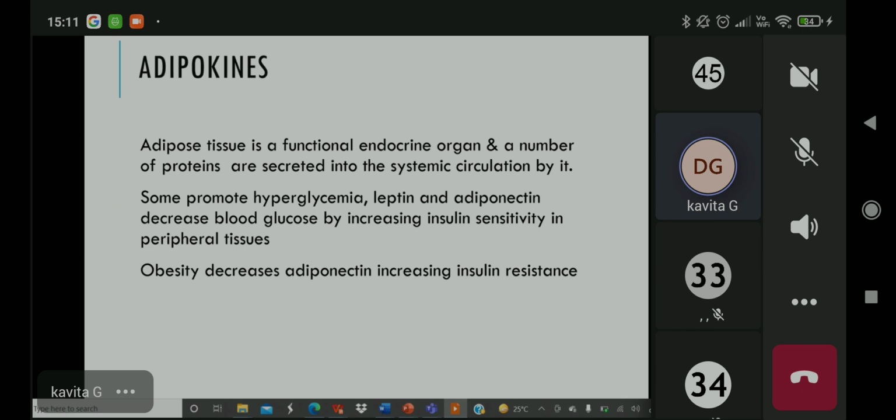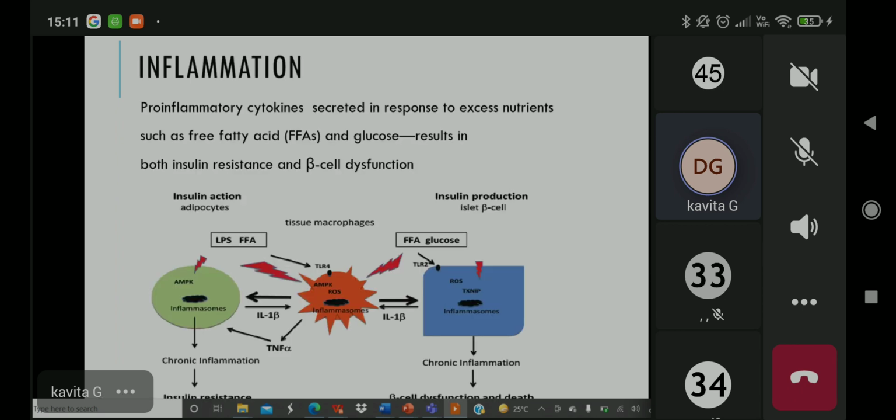And some of them, like leptin and adiponectin, are going to decrease the blood glucose. How are they going to do that? They are going to help out by increasing insulin sensitivity. Now, obesity actually decreases the adiponectin. And because of a reduction of the leptin and adiponectin levels, you are increasing the insulin resistance. I mentioned this prior also.